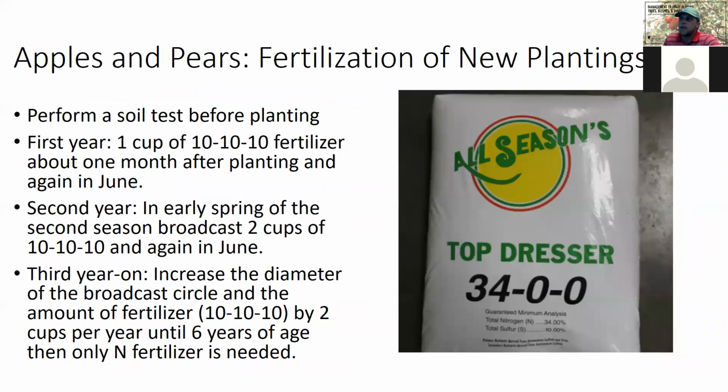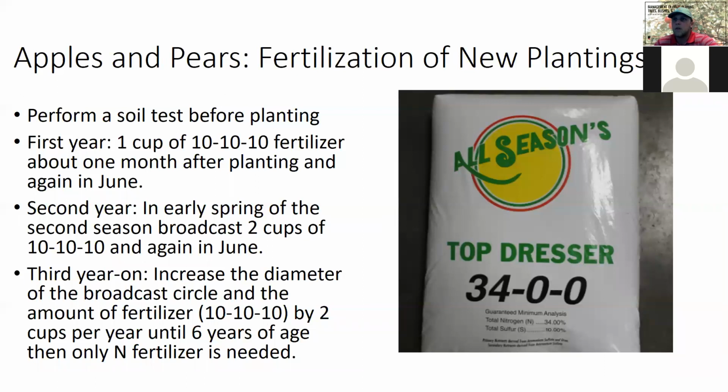So fertilization of new plantings, perform soil tests preferably. If not, the first year, 1 cup of 10-10-10, 1 month after planting, and then again in June. The second year, in the early spring of the second season, broadcast 2 cups of 10-10-10, and again in June. That would be right before bloom, when it's putting on leaves.